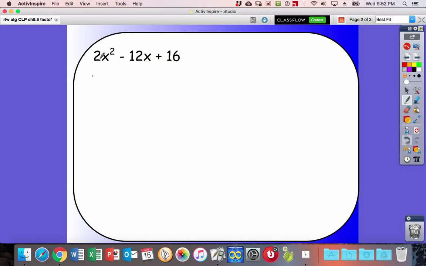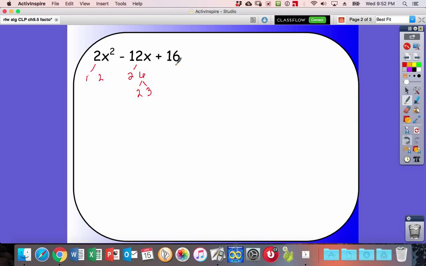Okay, the 2 goes into 1 and 2. The 12 is going to be 2 and 6, which would be 2 and 3.